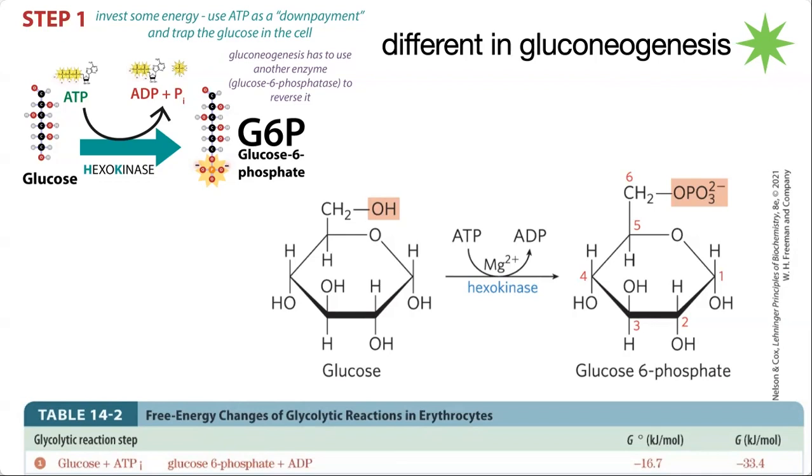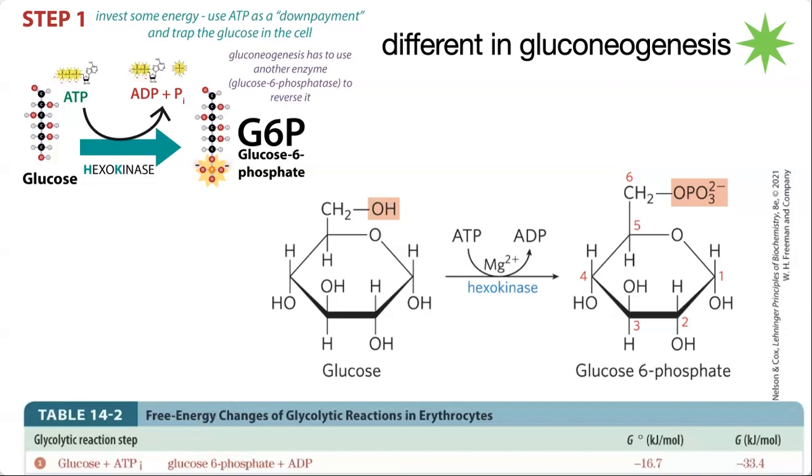our cells. Now, we wouldn't want this reaction to be easily reversible, because then we would just be letting that glucose flow back out of the cells after we trapped it. But we want our liver to be able to release the glucose that it makes to give to other cells, because remember, gluconeogenesis is happening in our liver, but other cells are going to need that glucose.